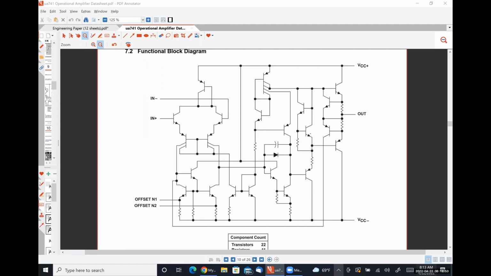So 1 to 10 million ohms of resistance is a very large resistance to see. So any currents that would be flowing through the input terminals of an op-amp during normal operation would typically be of the scale of nanoamperes or picoamperes. So small as to not really affect anything.